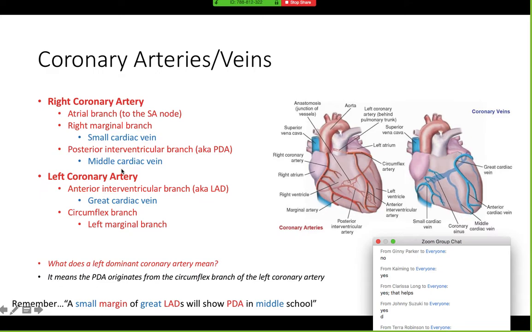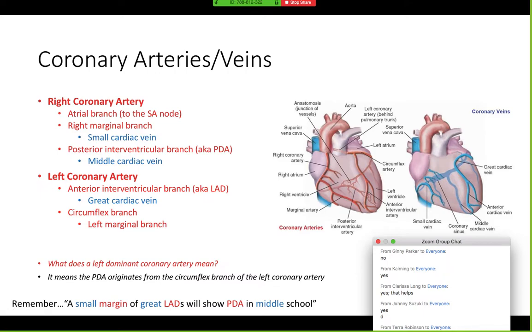PDA in middle school: middle cardiac vein and posterior interventricular run together, and then your LAD and great cardiac vein. Dr. Hermy called this GLAD, so G and LAD, so that might be helpful too.